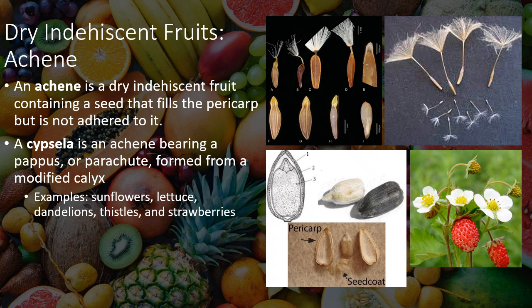Those of you who like sunflower seeds and have taken a lot of them apart have probably noticed that there's kind of a papery layer that covers the sunflower seed itself. That's actually the seed coat. Because the sunflower plant produces this hard shell-like pericarp around the seed, that's allowed the seed coat to become softer and deteriorate, because it no longer needs the protection of the seed coat in order to keep the seed from getting damaged.